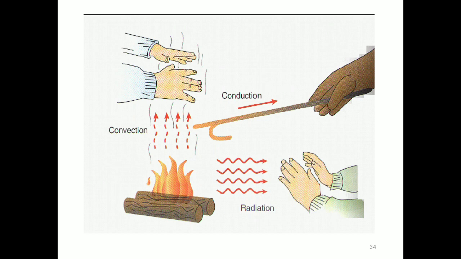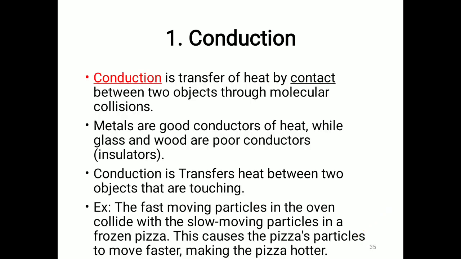That heat from the iron rod being transferred to the hand is the mode called conduction. And you can see the heat is also transferred to the hand by the mode of convection, and also see the radiation. So what conduction, convection, and radiation are, we are going to discuss next.